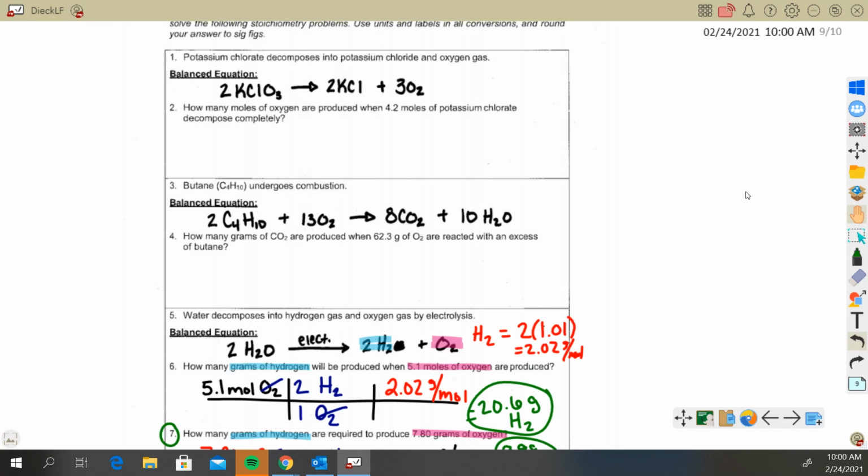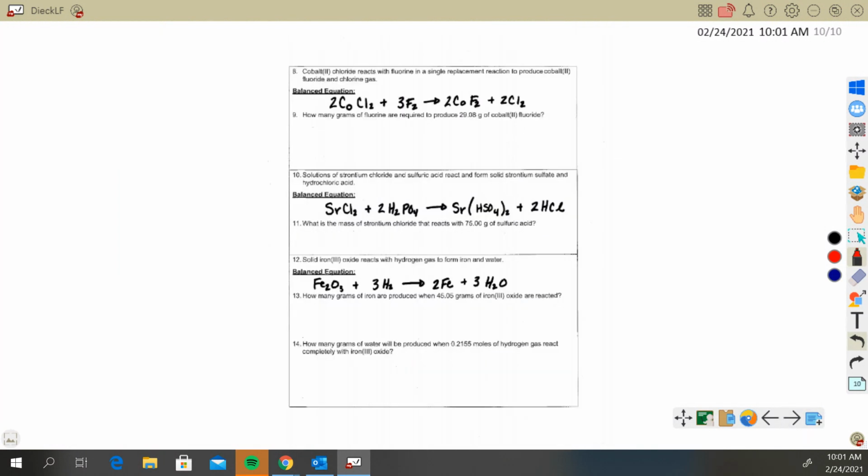So the ones that I want you to do, okay? The ones that you are required to do. Number 4. So basically number 2 is extra credit or DEEK dollars. Okay? Flipping your page over. I want you to do number 9 and number 14.